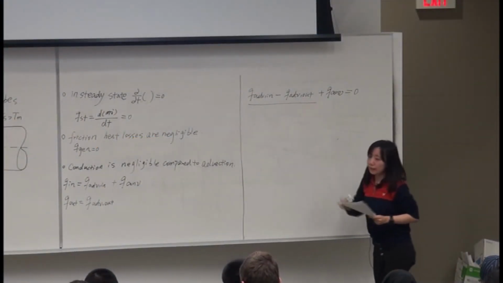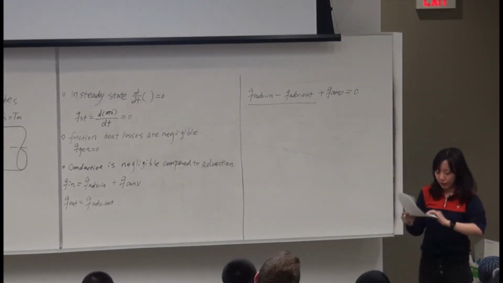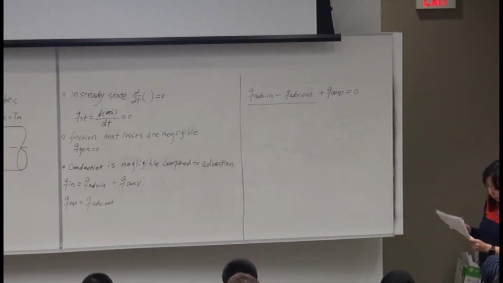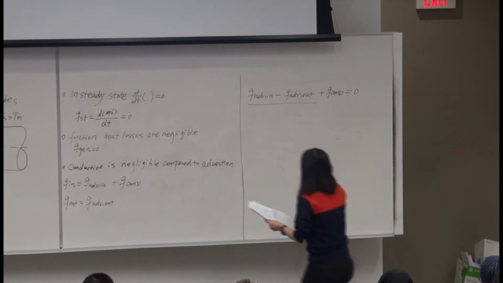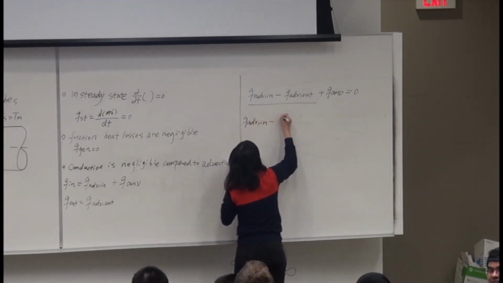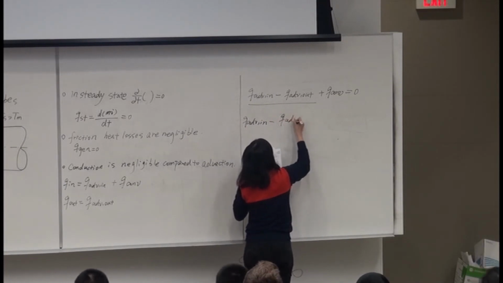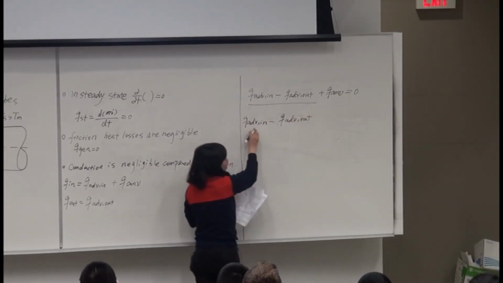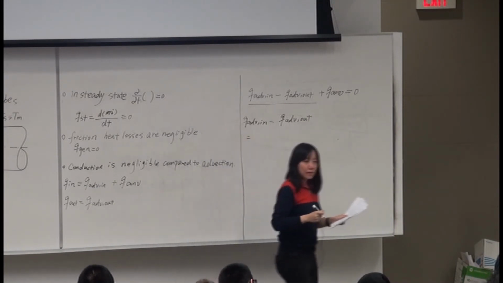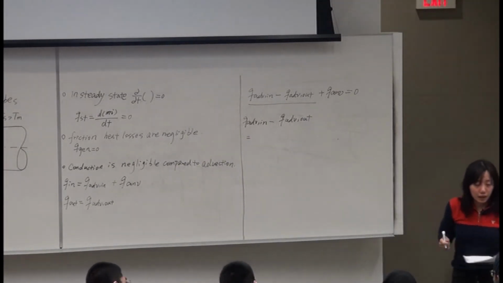Let's deal with Q advection in minus Q advection out first. We learned this in the first class of the 6th week. What's the expression for the advection term flowing in?